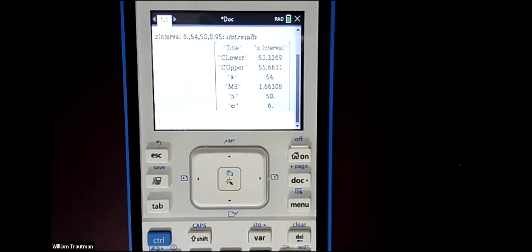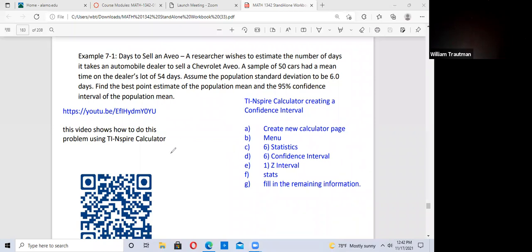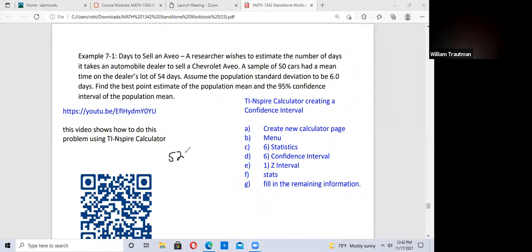So I'm going to write that down. The lower limit is 52.3 and the upper limit is 55.7. So this is how you write the confidence interval.